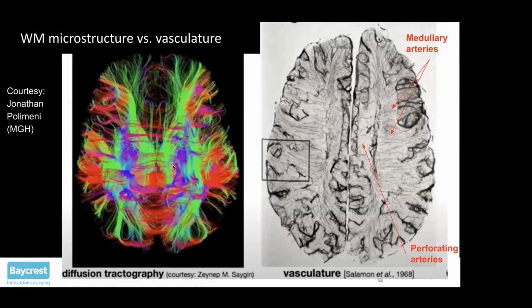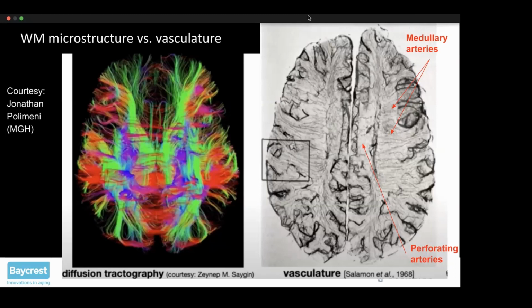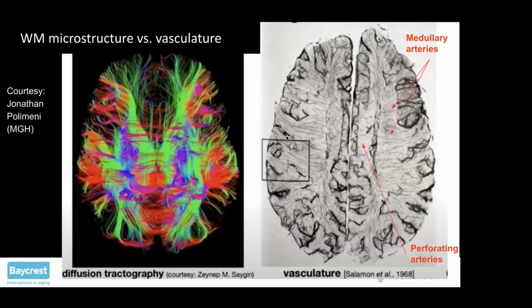And on the right, using this microradiographic depiction, you can see there are these medullary arteries that largely follow the orientations of the fibers. They're very much everywhere in the white matter. And there are the perforating arteries. Together, these two types of vessels feed the white matter, and as I mentioned before, it is notoriously poorly perfused.